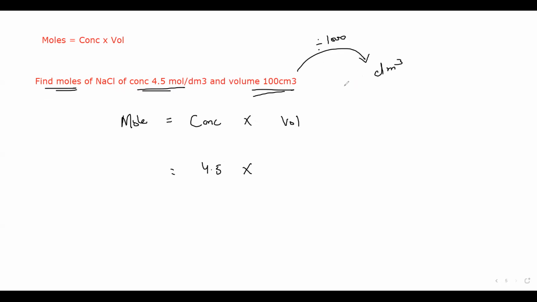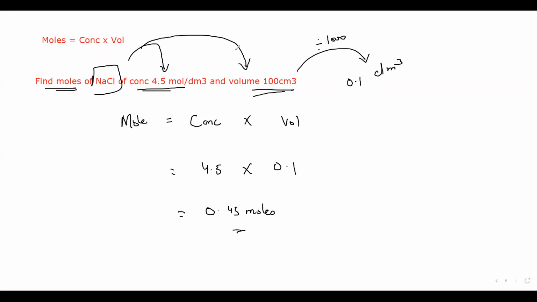So 100 divided by 1000, that is equal to 0.1. And 4.5 multiplied by 0.1, that's equal to 0.45 moles. So we'll get 0.45 moles of NaCl. So this is the formula if the concentration and the volume are given.